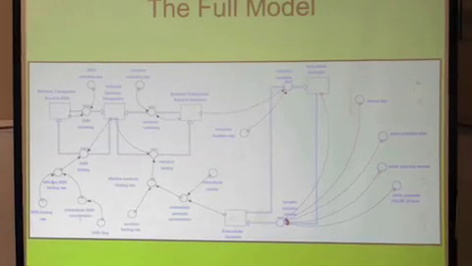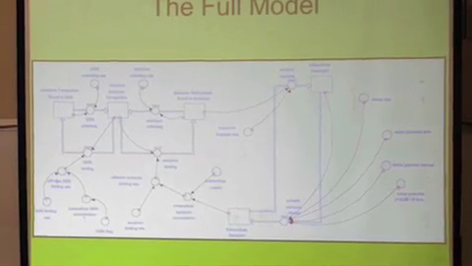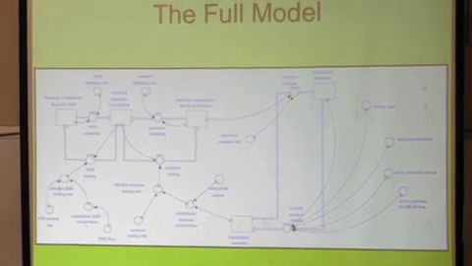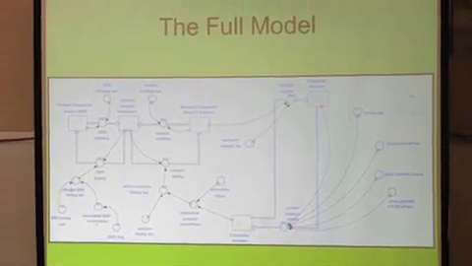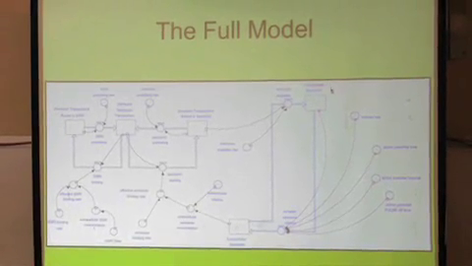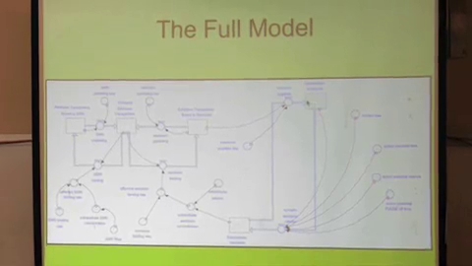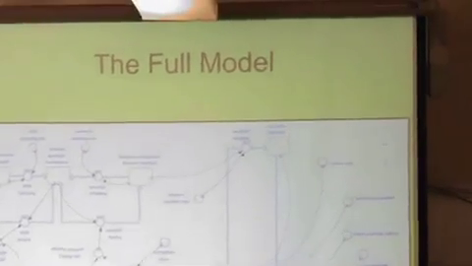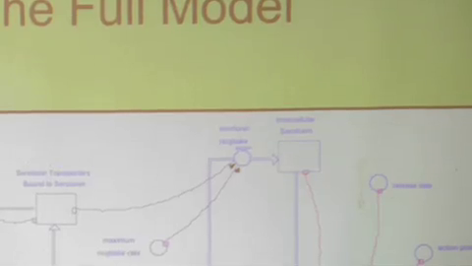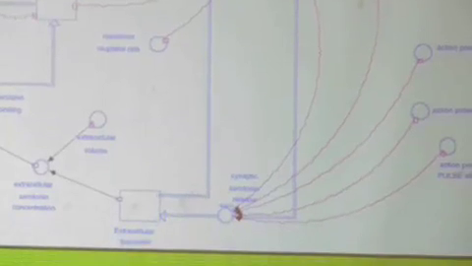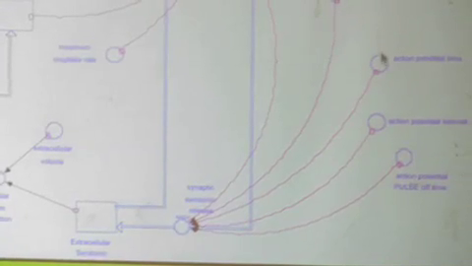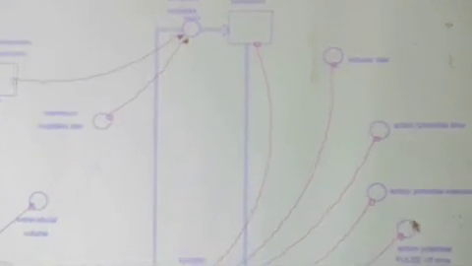So here's the full model. Let me walk you through what serotonin does within the model. So starting up here, we have intracellular serotonin. This is the serotonin within the presynaptic cell. Then what happens is an action potential comes along, which are controlled by these converters over here.